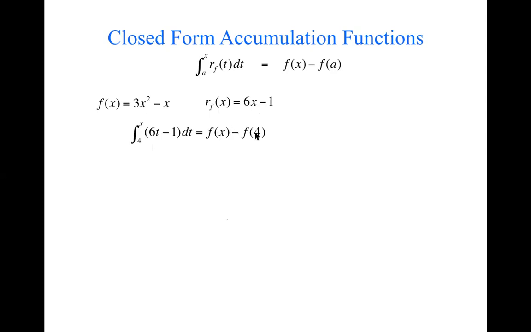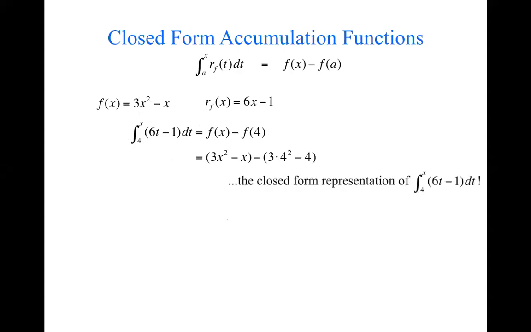I can put f of 4 there, and I can get a closed form expression for this net accumulation. So f of x is 3x squared minus x. F of 4 is 3 times 4 squared minus 4. And so I could write this. It's a closed form representation of this net accumulation between 4 and x.